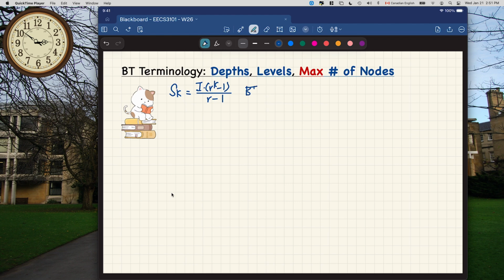In the case of the binary tree, what we get is the root, 1 node, times 2 to the power of h plus 1, minus 1, divided by 2 minus 1. Just remember r here is 2, and k here is h plus 1. We'll see exactly why it is h plus 1. If you simplify it, it's going to be 2 to the h plus 1 minus 1. This is another important formula.